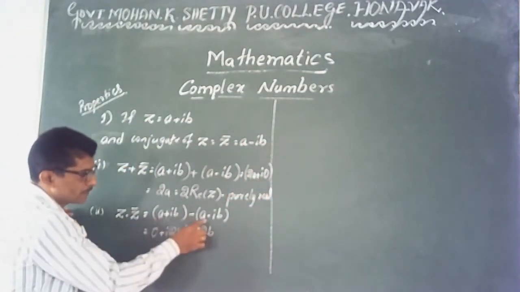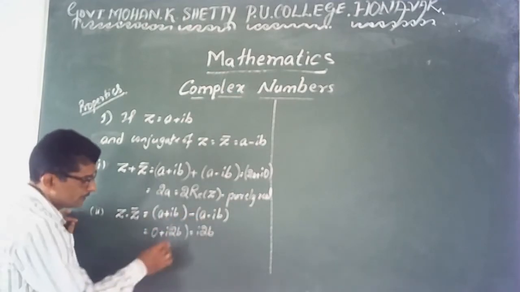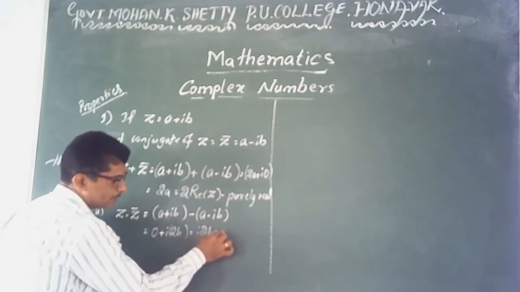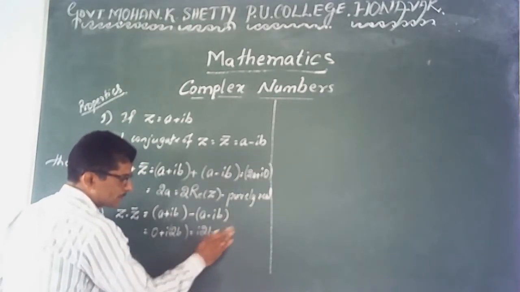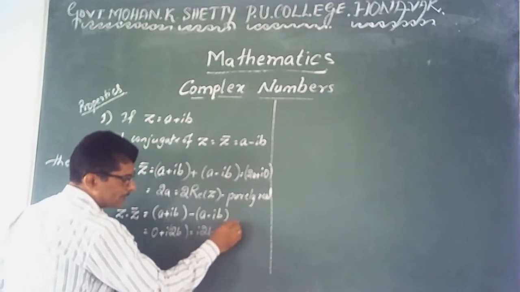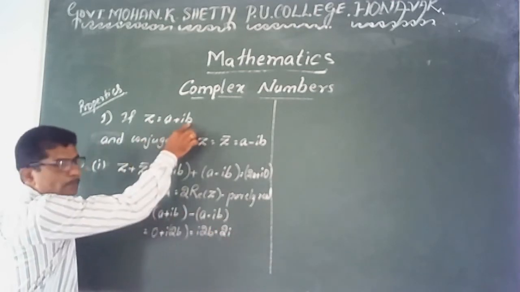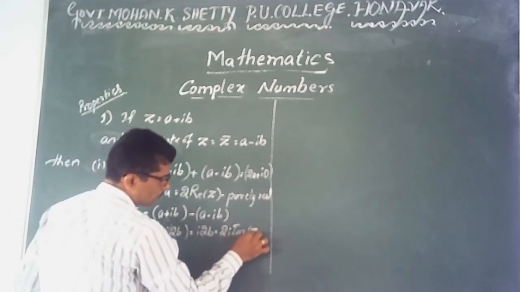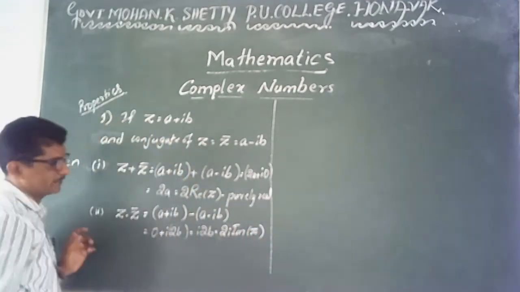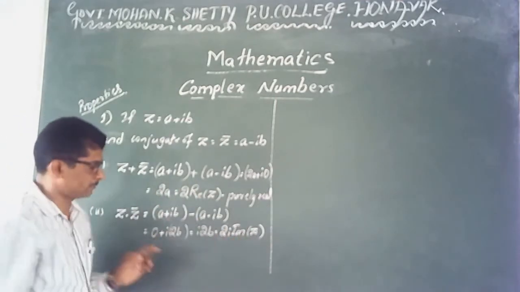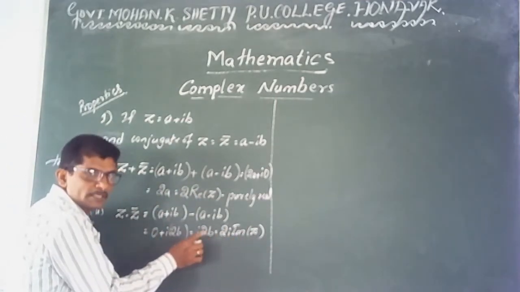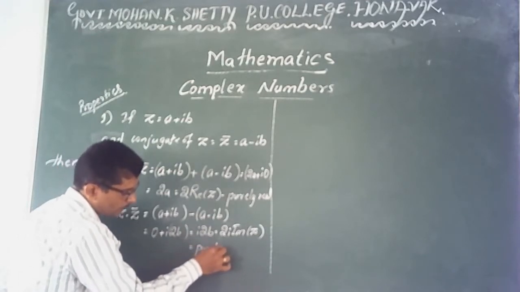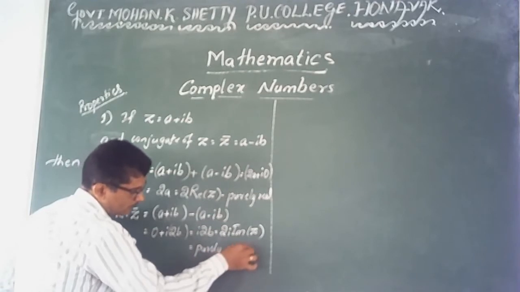Similarly, the difference of the conjugate pair is always equal to i into 2b. It means 2 times i into b, where b is the imaginary part of the complex number z. i into 2b is purely imaginary.